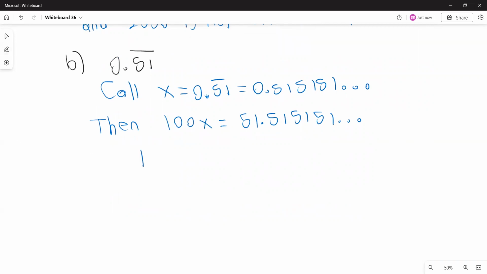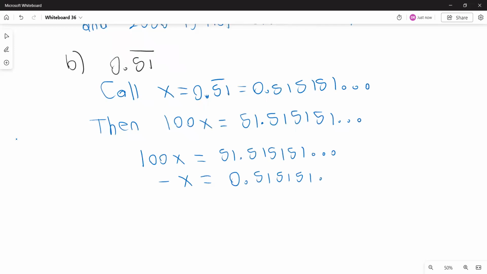So we're subtracting 100x minus x. So 100x is 51 point, a sequence of 51s, and x is 0 point, a never-ending sequence of 51s.